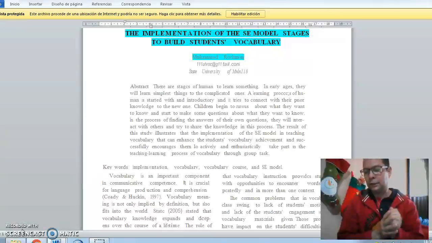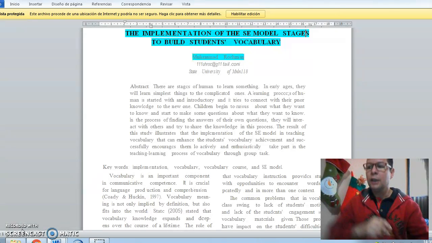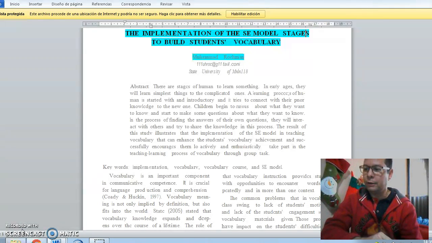The article is titled "The Implementation of the Stages of Model 5E to Build the Students' Vocabulary," and it was written by Mohamed Rochman of the Malang State University.